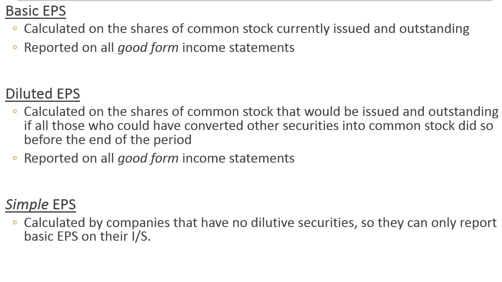And the term simple earnings per share indicates that I don't have dilutive items. So the only thing I can report is a basic earnings per share number. And that's what the term simple signifies. I don't have any dilutive securities. I can't give you a diluted earnings per share number.